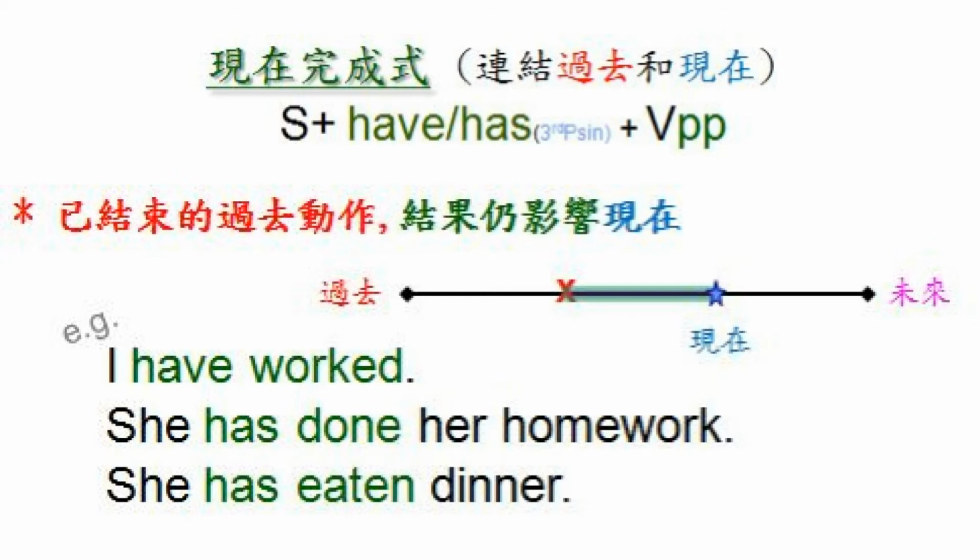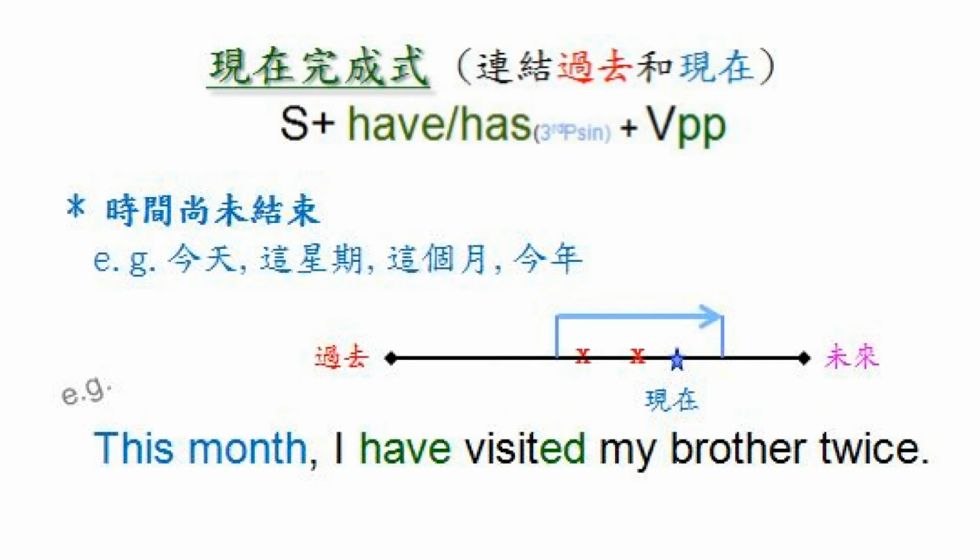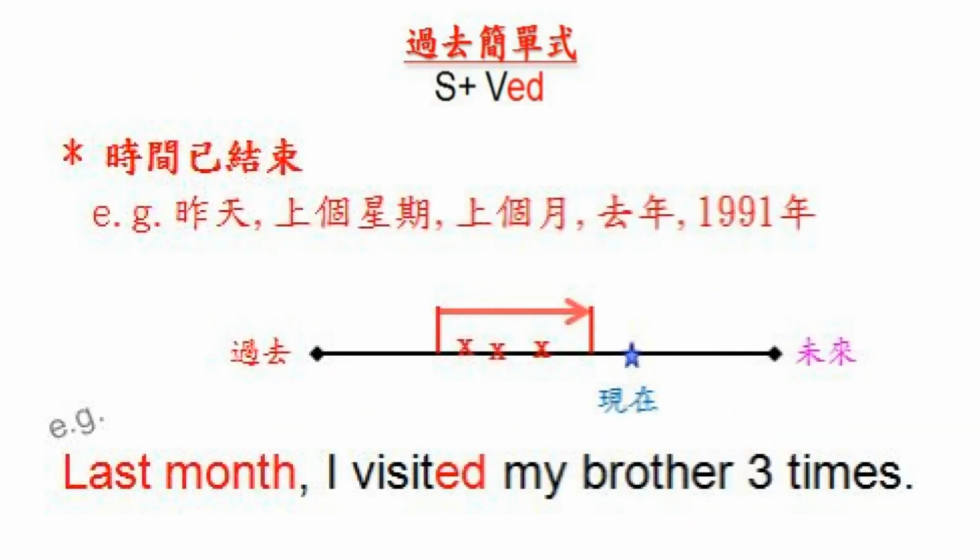Let's move on. Another very important difference is that we use the past simple to talk about a finished time. And we use the present perfect to talk about an unfinished time. Yesterday, last week, last month, last year, 1991, these are all examples of finished time, time that is complete.